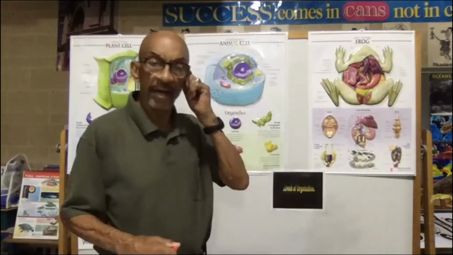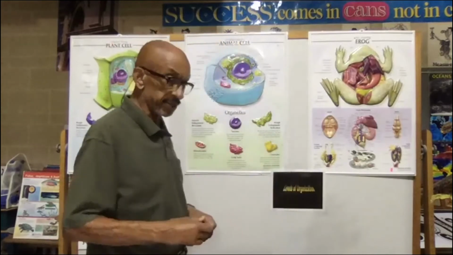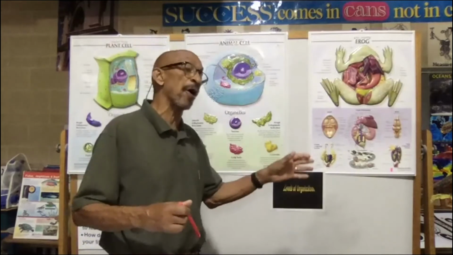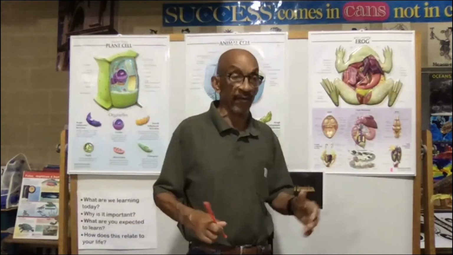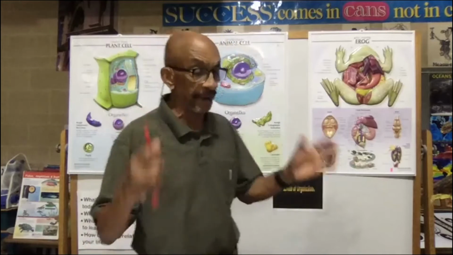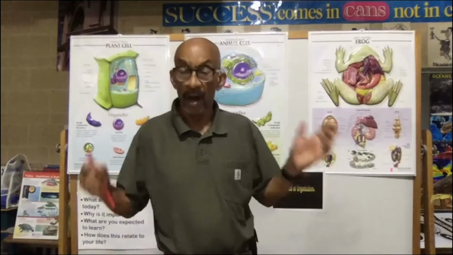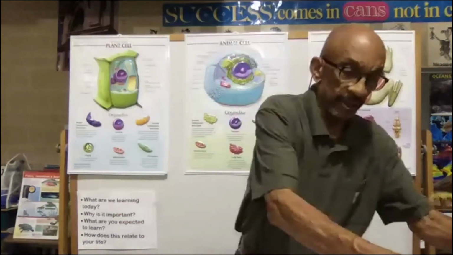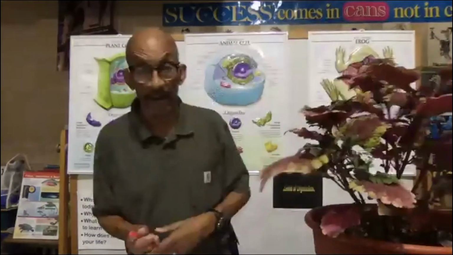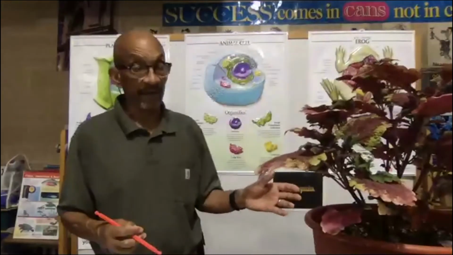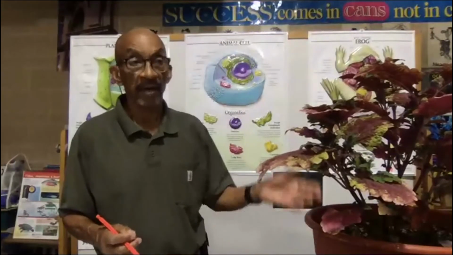Now, on the other hand, plant cells may be a little different. You're going to learn more about that on your virtual field trip today, but I'm going to give you a brief general description of what a plant cell does in its organization. Again, the plant cell is the basic unit of life in a plant.